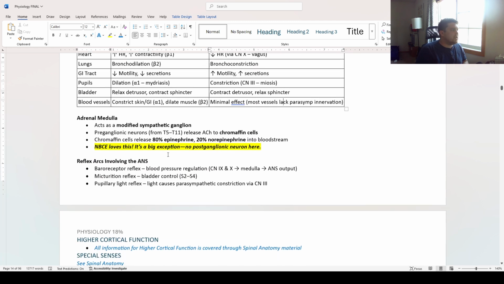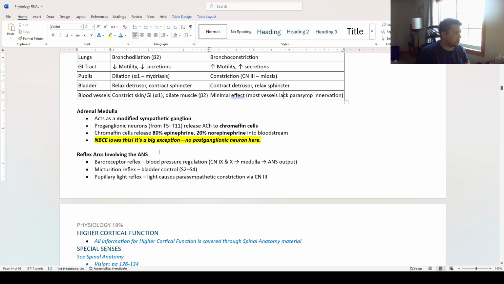A big key component when we talk about the autonomic nervous system is the adrenal medulla. Okay, this is one of those little exceptions where this is an in-between a neuron type structure and a hormone type structure, an endocrine structure. So we call it a neuroendocrine structure because it's mixed. It's a modified sympathetic ganglion.